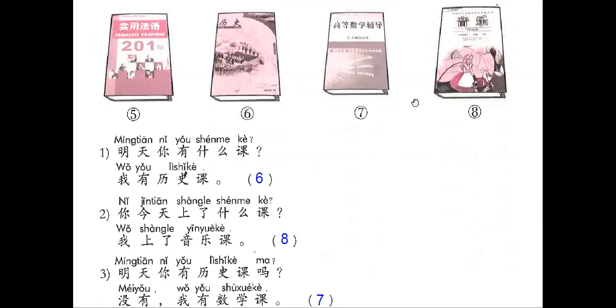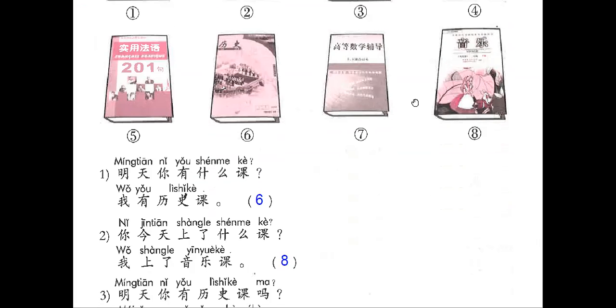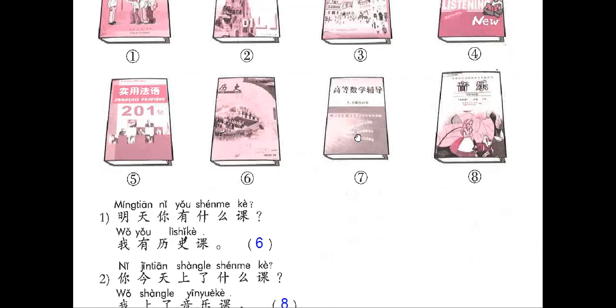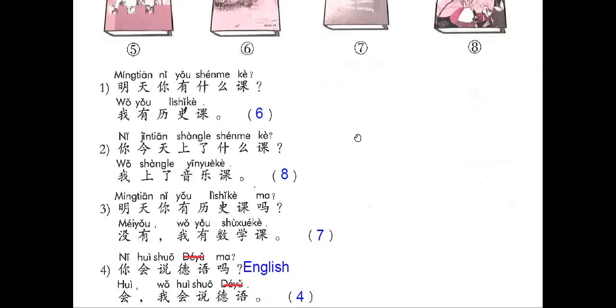Next, 明天你有历史课吗？没有，我有数学课. Tomorrow I have maths. And again, if we pay attention here, we have here 数学, okay, which is maths. And now, number 4, I'm just erasing this 德语 German and leaving English, okay?